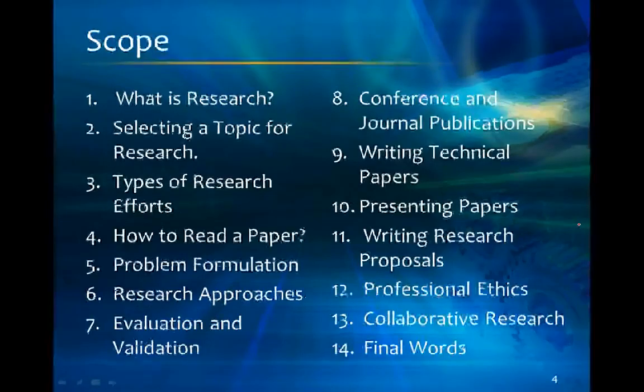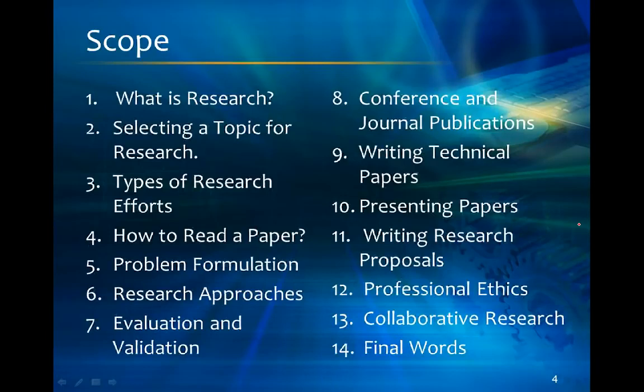We will talk about how to select a topic for research, what the critical steps for it are, what the issues are, and how you go about doing that. Then we'll talk about different types of research, so that you have an idea of what options you have in terms of doing research.